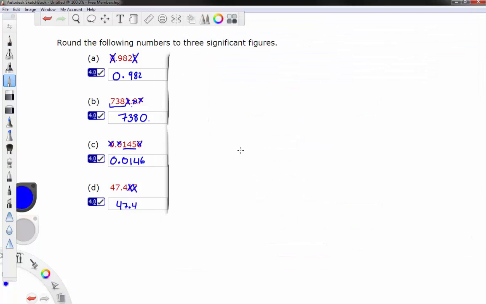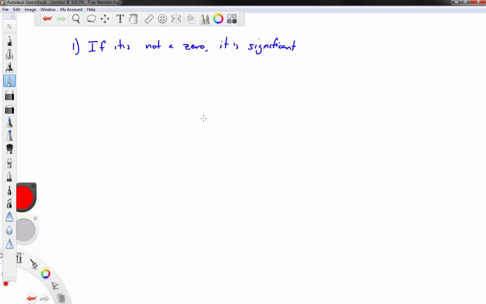Hopefully you found this video helpful and you were able to follow the process that I used. Here is a basic summary of whether to count the 0 or the digit in general as being significant or not. First, if it's a digit and it's not a 0, then it is significant.